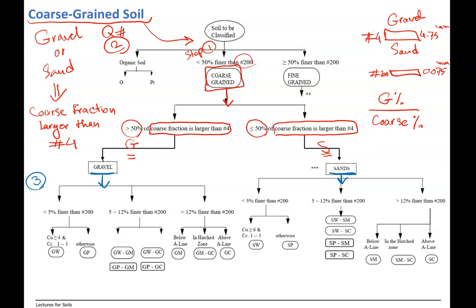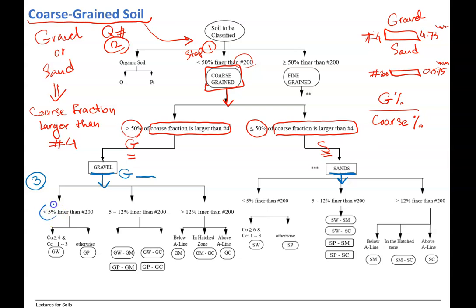We have a coarse grained soil. Here, let's look at gravel first. That's mostly gravel, and we need to describe this gravel. It is important that we know how much fines we have in our coarse grained soil.